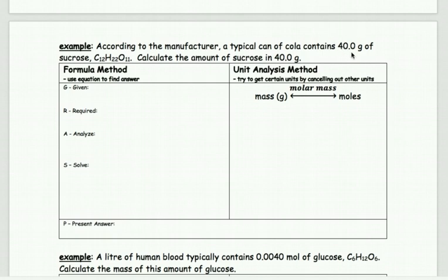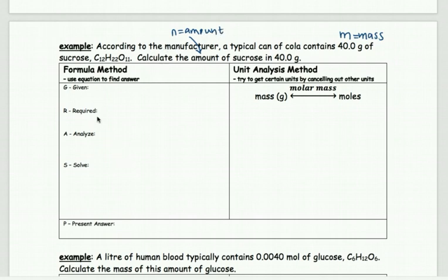So you have 40 grams here, so just write the letter, maybe write the word with it as well until you get the letter memorized. You have the formula, calculate the amount. Okay, so this word here is n, amount. And again, that's me asking you, how many moles of it do you have?